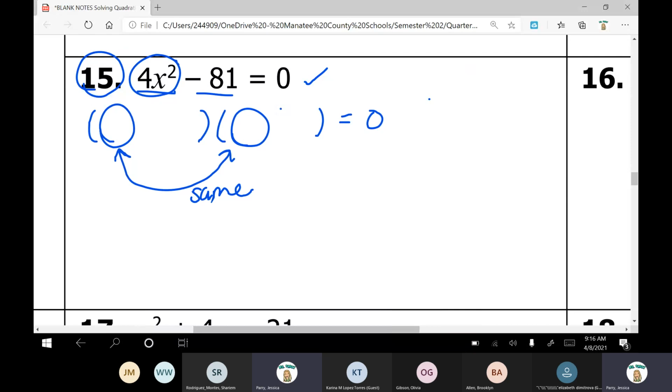So let's break this one up. Go ahead and tell me in the chat or turn your microphone on. What is the square root of 4? 2. Perfect. So here's my 2, here's my 2. Awesome. Now let's go one step further and do our variable. What would be the square root of x to the power of 2? Or you can think, what times what is x to the power of 2?